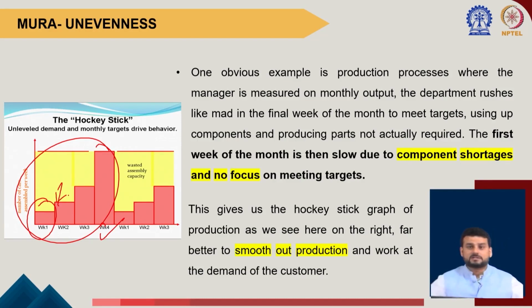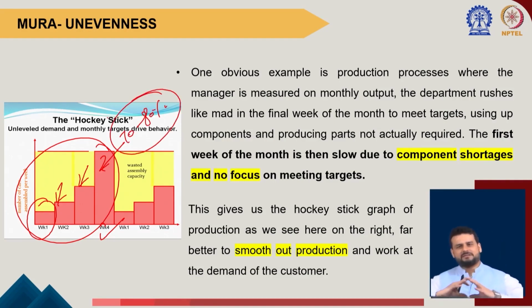In the second week you will start calculating, okay, these many days are left, I need to work a little bit on that, what can be there in that topic. In the third week, next week is the submission date, okay, let's start at least the introduction part, and in the last week we are targeting 80%, right? So this is the human tendency. We are usually stretched in the last week of the month when we need to meet the targets that were set initially.